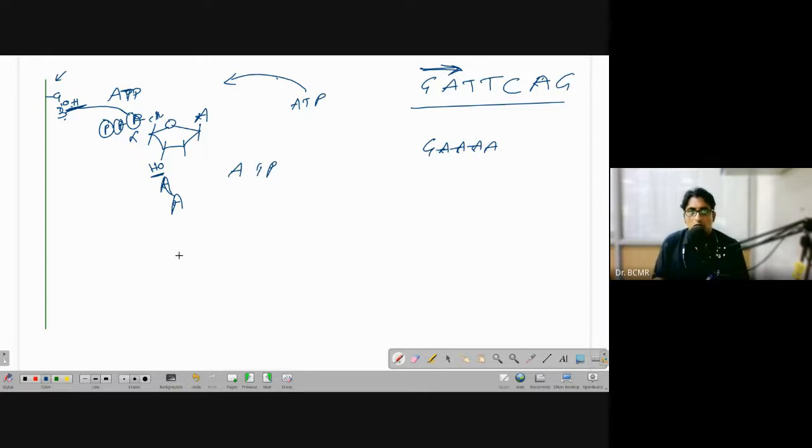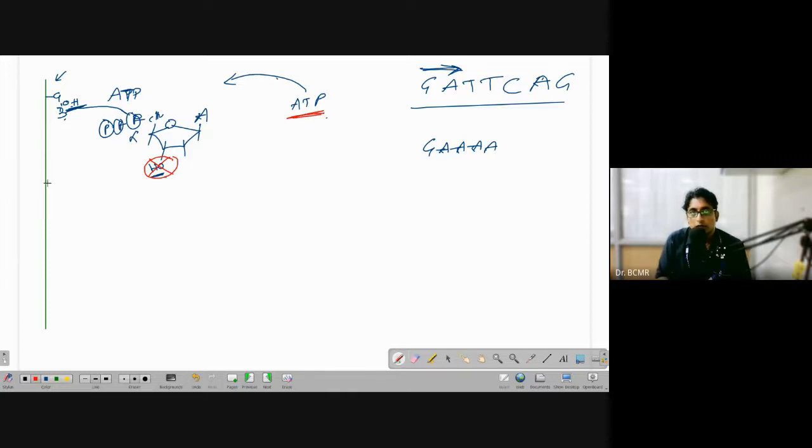So somehow the 3' OH that is present here should be blocked from participating in the polymerization reaction. So through chemical means, they would have actually blocked it so that it will not participate in any further reactions of this one, ATP, right?